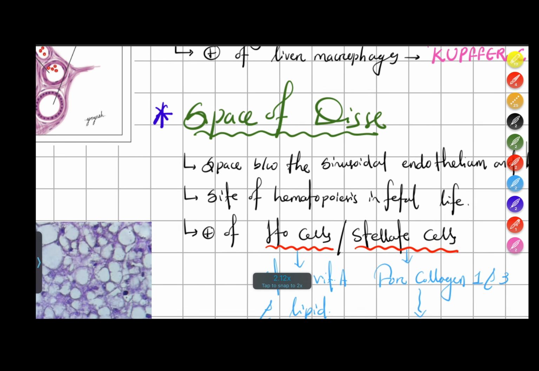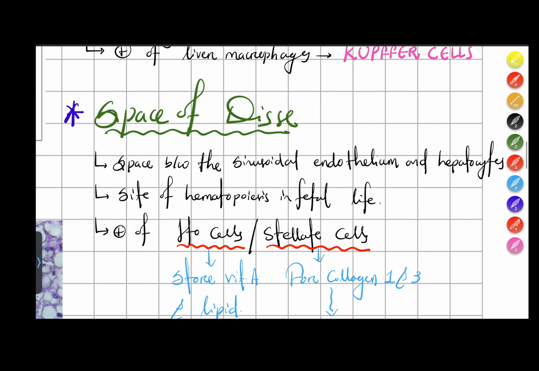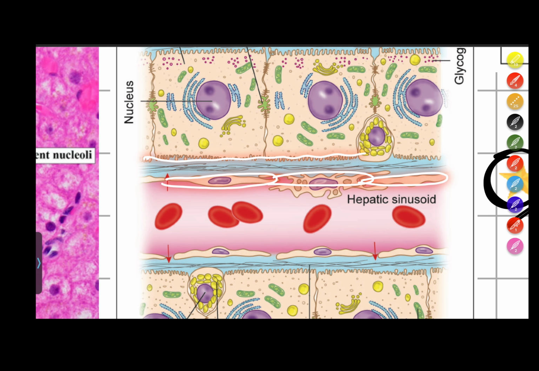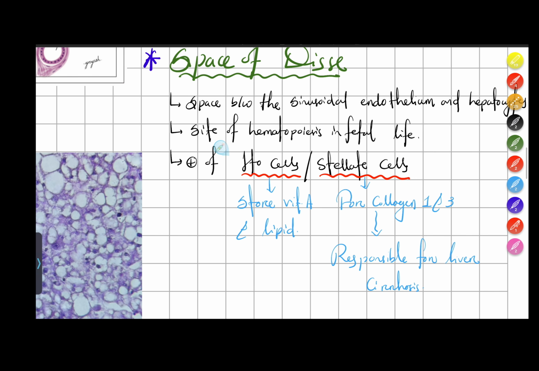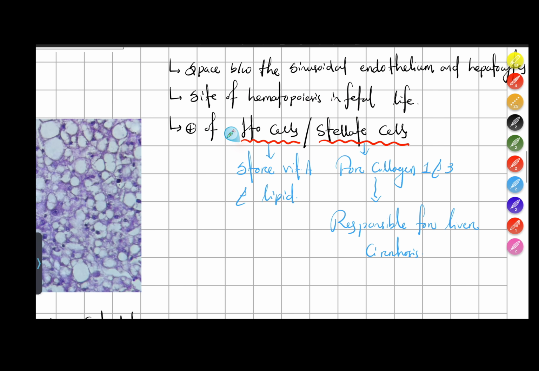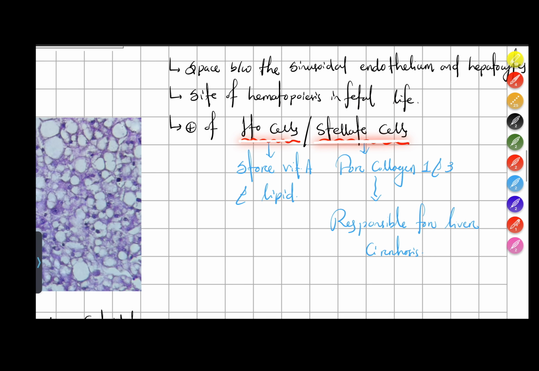Now the space of Disse: the space between the sinusoidal endothelium and the hepatocytes. The space of Disse is the site of hematopoiesis in fetal life, and there are Ito cells or stellate cells.